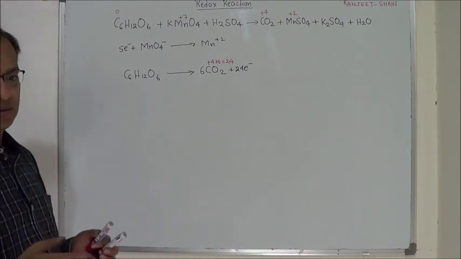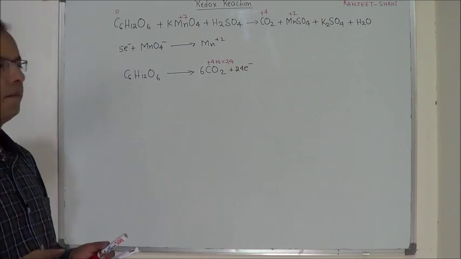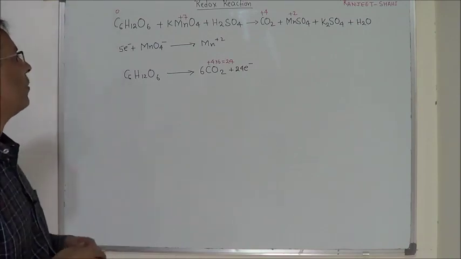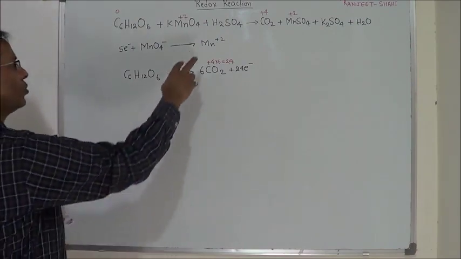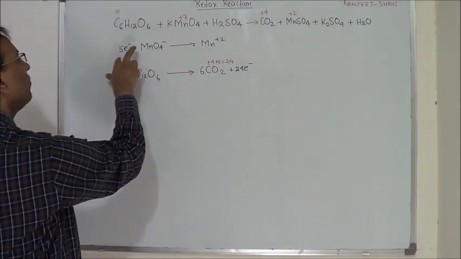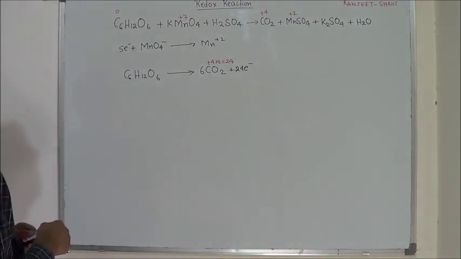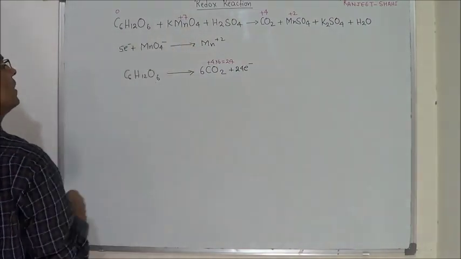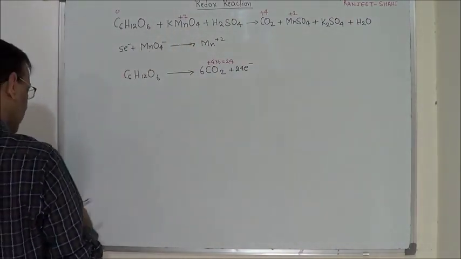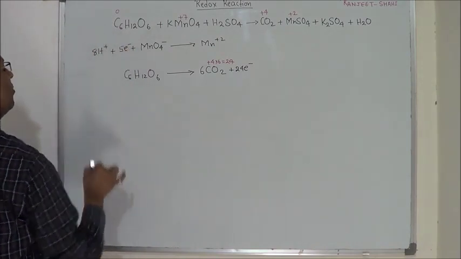Then charge balancing. In the first reaction, on the right side we have plus 2, on the left side we have minus 6. So plus 2 should be equated; the medium is acidic, so minus 6 will become plus 2 on adding 8H+.